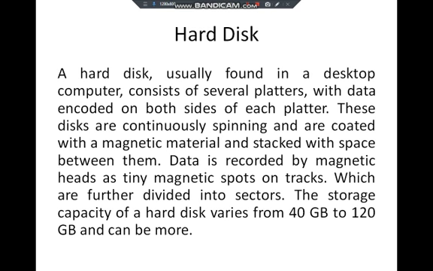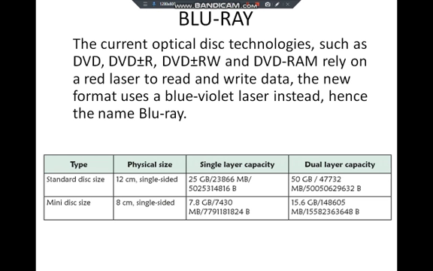The different storage devices available are hard disk, CD-ROMs, DVD-ROMs, DVDs, Blu-ray discs, pen drive, and memory sticks. All these are very common terms, but here we are going to discuss the hard disk.